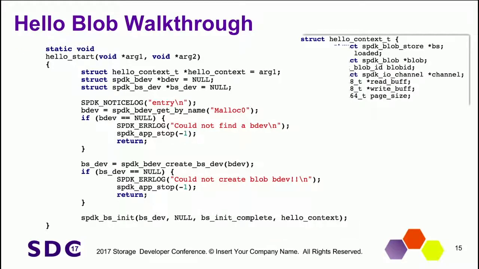Instead of blocking, what it does is it takes our callback and passes it into the function that needs to do something that's going to take time, like talk to a disk, right? So we're not going to pull in the framework for that completion. We're certainly not going to wait for an interrupt. But what Blobstore is then going to do is schedule a poller to periodically check that and tell the poller, as soon as you get a completion, here's who I want you to call.